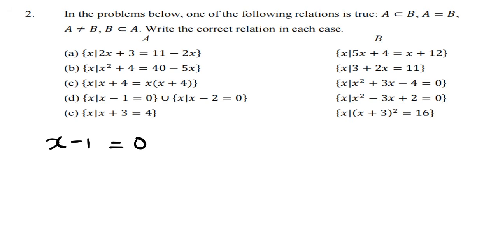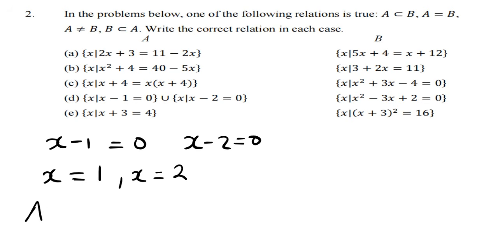Then another value of x is x - 2 = 0. Then we're finding the union between the two. This is not very hard. We're just going to make x the subject. So x will be equal to 1 for the first one, and the other one, x will be equal to 2. So A will now be 1 and 2. Those are the elements in A.